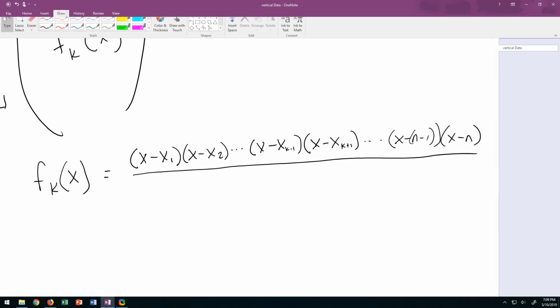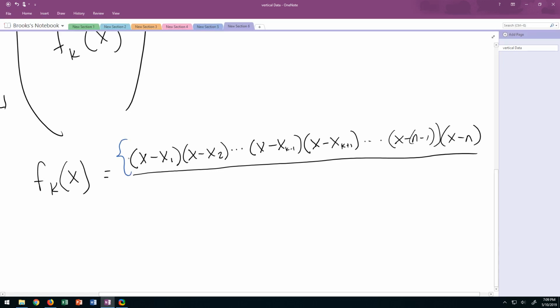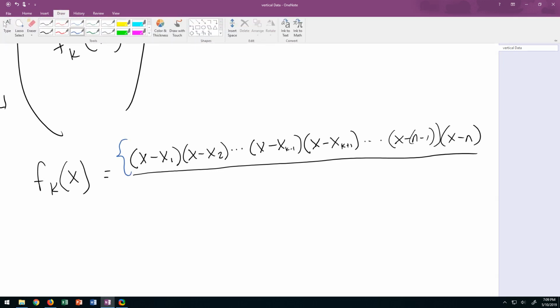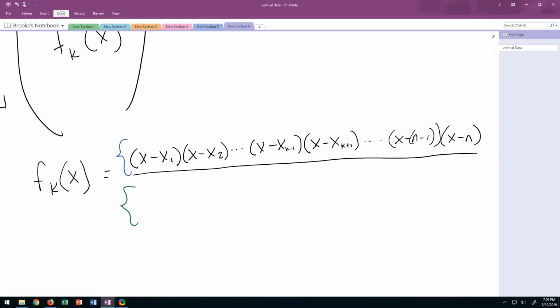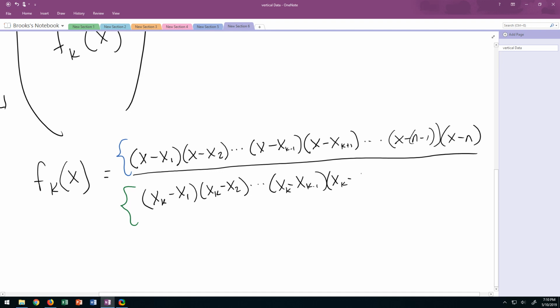If you guys have been following along, that's the blue chunk. Now I need the green chunk. This isn't too hard. The green chunk is going to be x sub k minus x sub 1, x sub k minus x sub 2, and so forth until x sub k minus x sub k minus 1, x sub k minus x sub k plus 1.